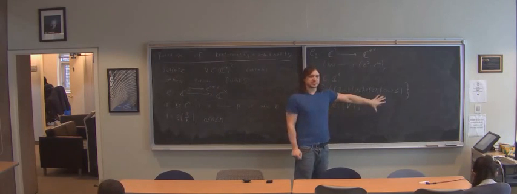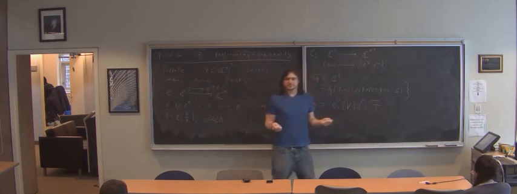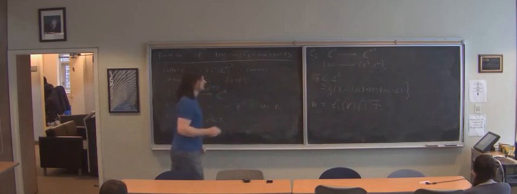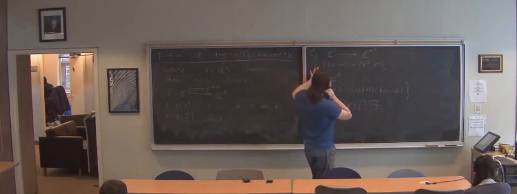It is the translate of what's in F by Z squared. Right? F is a fundamental domain, so you can see all of W by just looking at F.